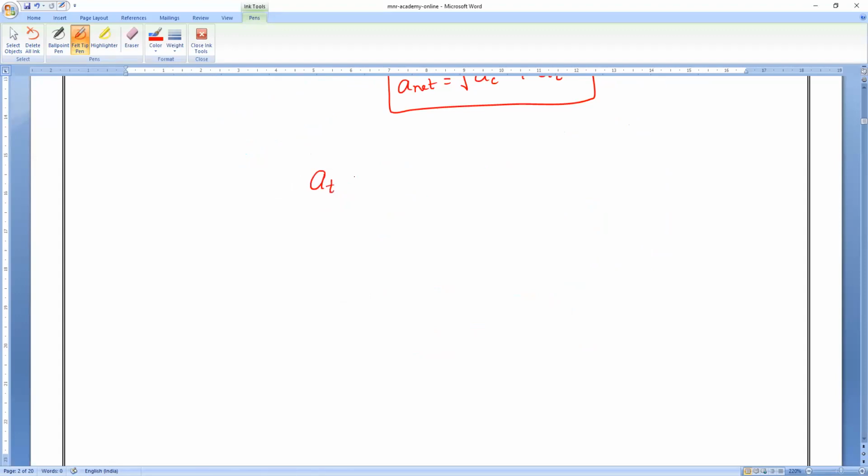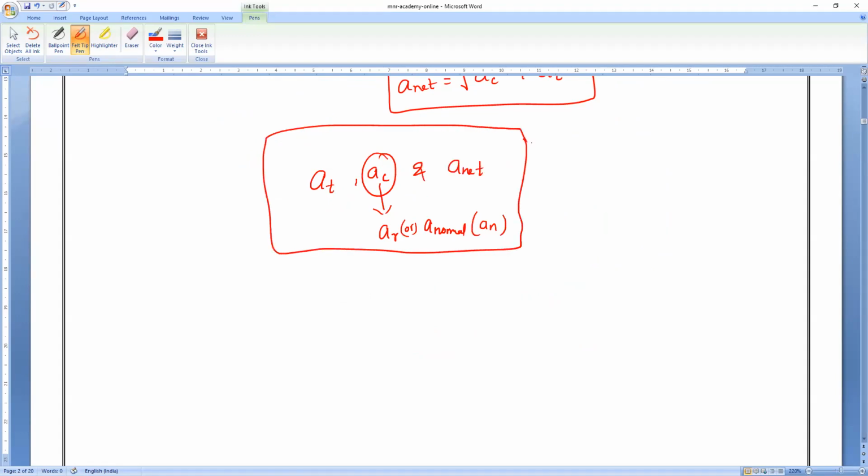This centripetal acceleration we can also call radial acceleration, or normal acceleration, A normal. So A normal, A tangential and A net, are they linear acceleration or angular acceleration?